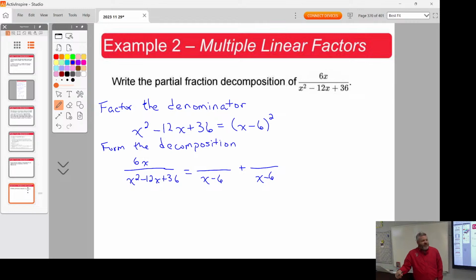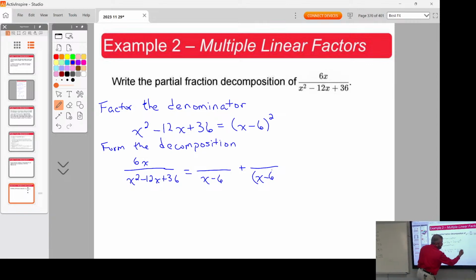So what we do in this case is you count up with the exponents. This is x minus 6 to the first power. This one's going to be x minus 6 to the second power. They're now different.